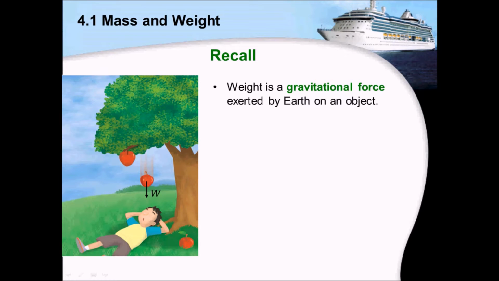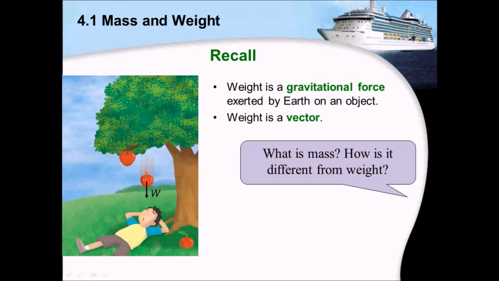In that incident, he realized that there must be something pulling the apple towards him, and this made him discover the idea of gravitational pull. So weight is a gravitational force exerted by Earth on an object, and weight is a vector. The reason why weight is a vector is because in this diagram, the weight is always acting down towards the person. So that's why it's a vector.